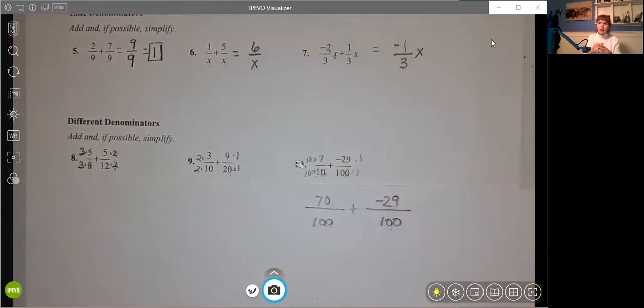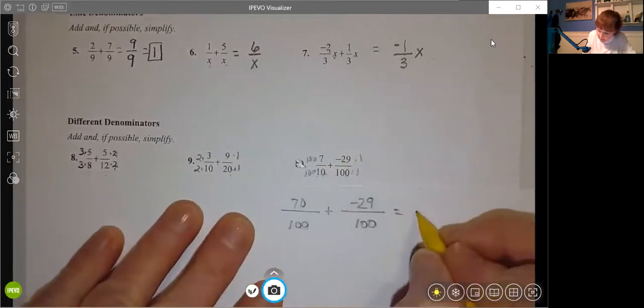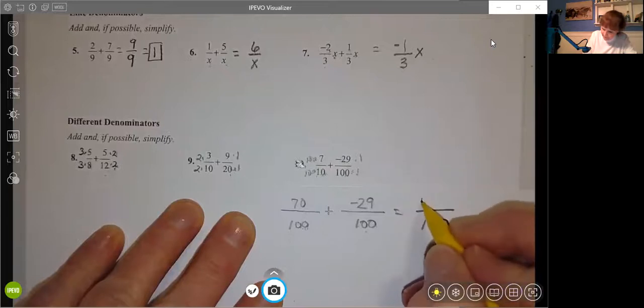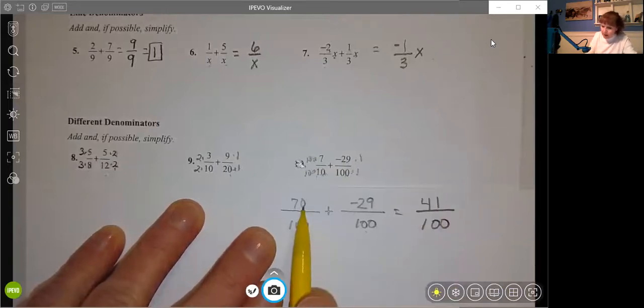All right. So here we have our common size pieces, 100ths. If I've got 70 and I add a negative 29, how many hundredths would you have? Well, let's see, 41, it looks like. Would it be positive or negative? Well, I have more positive.